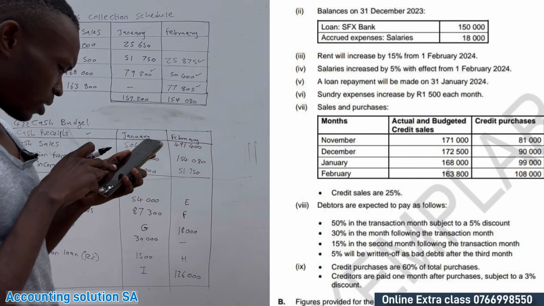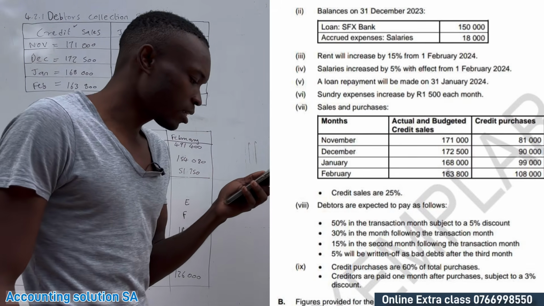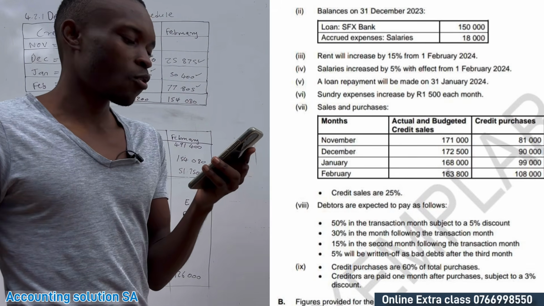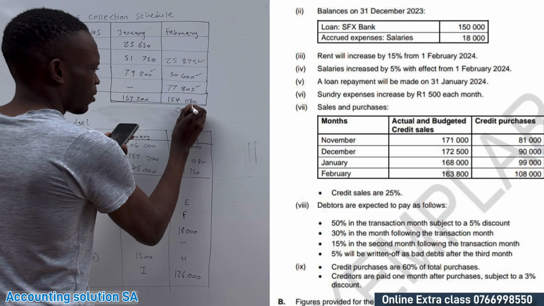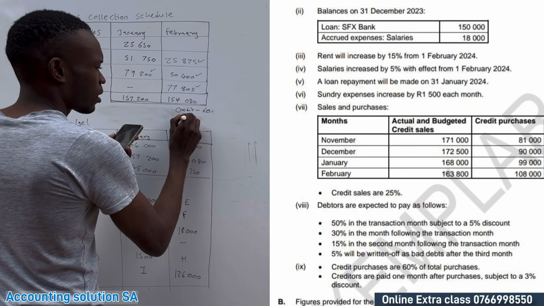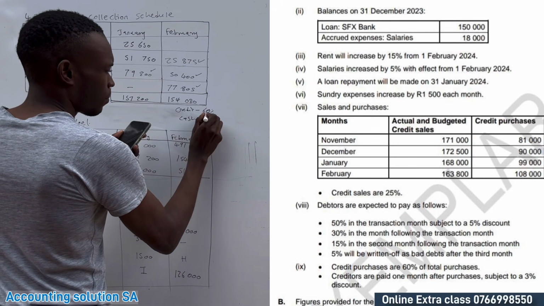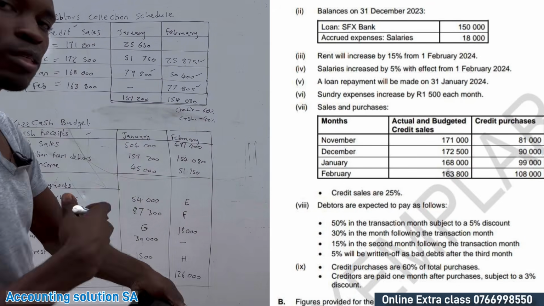Where is it? This last Roman figure: the credit purchases are 60% of total sales. In other words, credit is 60%, which means that cash is 40%. It's similar to the one that we were doing, just that this one is purchases.